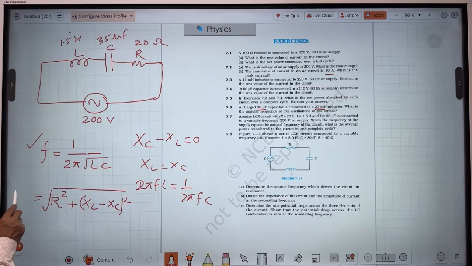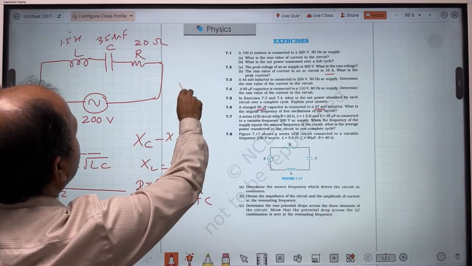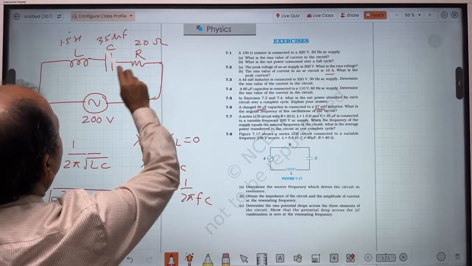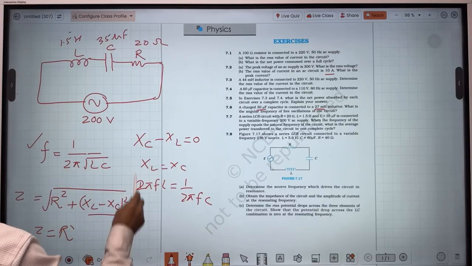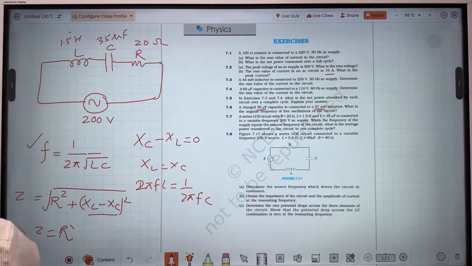But since XL minus XC becomes 0, Z will be just R, right? And power consumed will be equivalent to an AC circuit containing resistance only. So resistance is given, voltage is given, so we can evaluate.